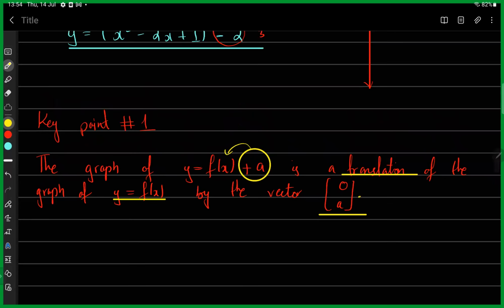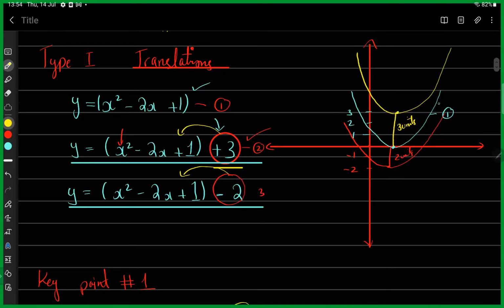So the shifting of graph 3 units above from this to this was basically a translation. When you are shifting it left, right, up, down, I'll talk about left, right later on, but up, down, it would basically be a translation. Okay. It is not stretching. It is not squeezing. Or I agree my graph looks like this, but I'm telling you, everything is just a shift. And that's why we don't call it a shift. We call it a translation.